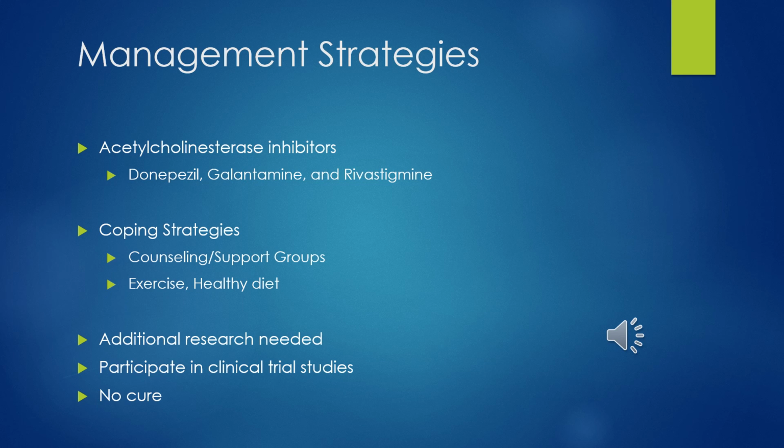Even though these medications target memory, they can help with posterior cortical atrophy. Some coping strategies include seeking counseling, joining the Alzheimer's Association, and just linking up with families that are suffering through the same process.